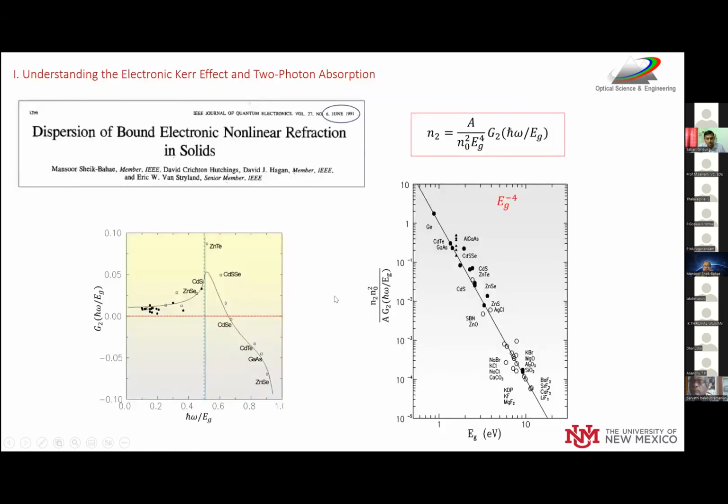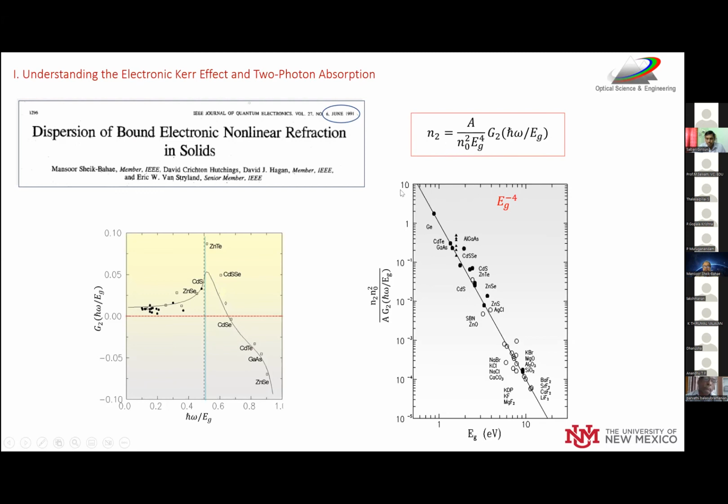That led us to a theory that we developed in 1991 as well, relating the Kerr effect to two-photon absorption. It led to a very simple analytic formula using a two-parabolic-band model and quantum mechanical calculation, and we could get not only the dispersion function, G2, but also the band gap scaling.